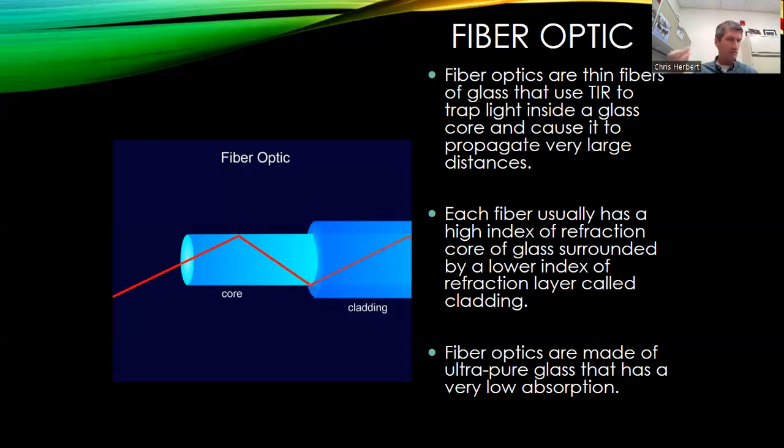So the ray approximation does give us somewhat of a picture of what's going on, but really fiber optics are better understood as waveguides, where the size of the core is very, very small, and it only allows one mode of propagation there.